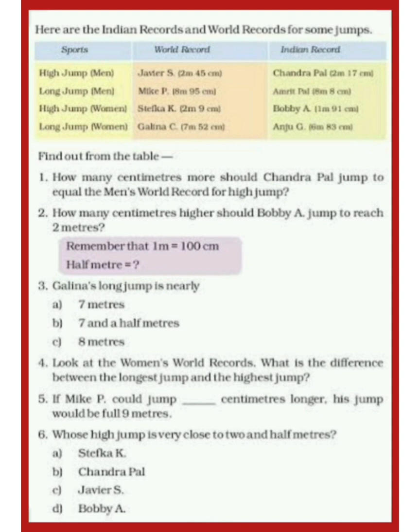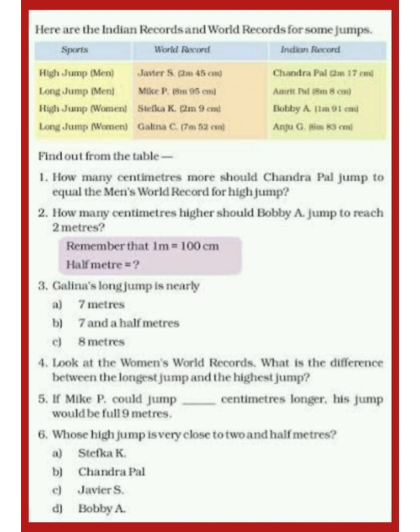The first question is, how many centimeters more should Chandrapal jump to equal the men's world record for high jump? Then how many centimeters do we want compared to Javier? So here we have to do subtraction from Javier S and Chandrapal.